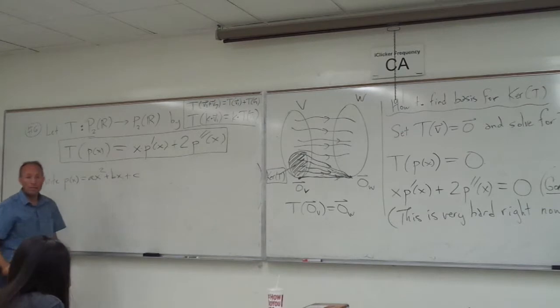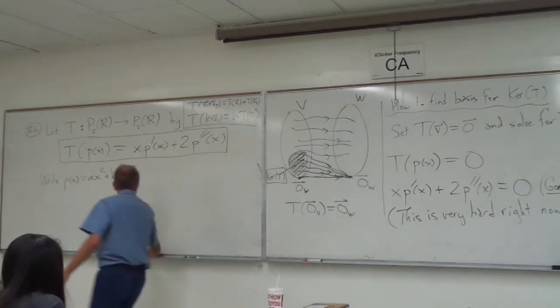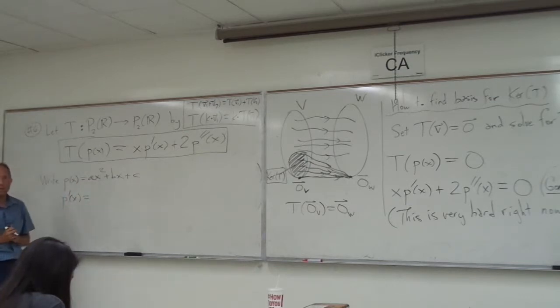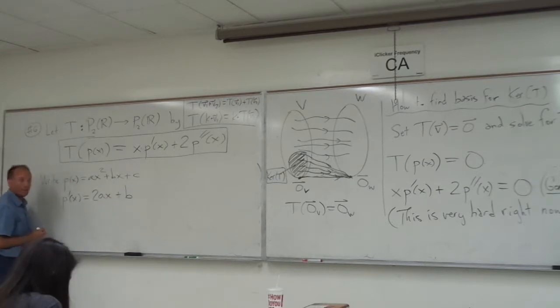We're going to need two derivatives of that. So p prime of x is going to be 2ax plus b. And what's the second derivative of this? There you go. Right. So that's what you have.